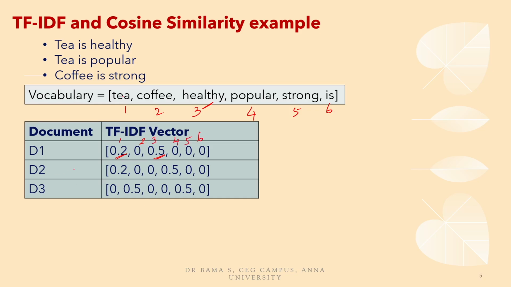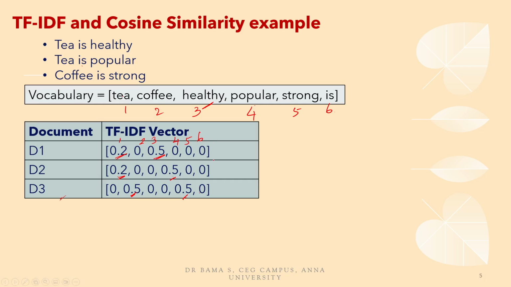And if you see document D2, tea is popular, tea is 0.2 and popular is 0.5, and D3, coffee is strong, coffee is 0.5 and strong is 0.5, and the rest of the portions are all 0 according to TF-IDF. So, this is the first step where we did TF-IDF.